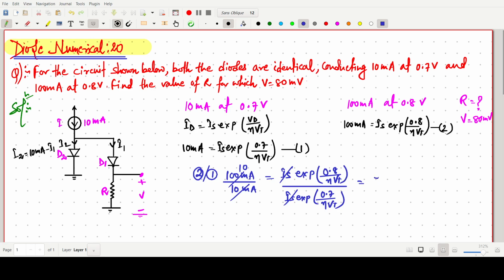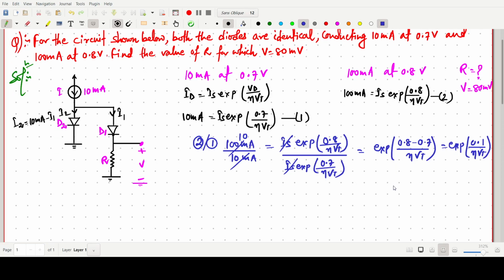This can be written as exp((0.8 minus 0.7) by eta VT), or exp(0.1 divided by eta VT) equals 10.